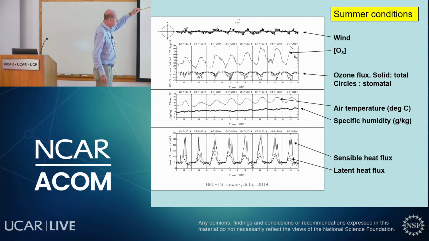Now, this is an example of result. Ozone concentration, this is a summer period, day by day. Ozone flux, the solid line is the total, and the circles is the stomatal, which is always a contribution to the total flux. And the absolute values are always less than the total. Then you have the air temperature, the specific humidity, and the turbulent heat fluxes, sensible and latent.